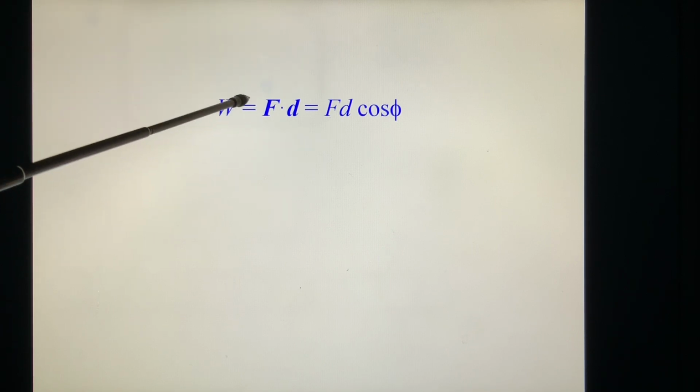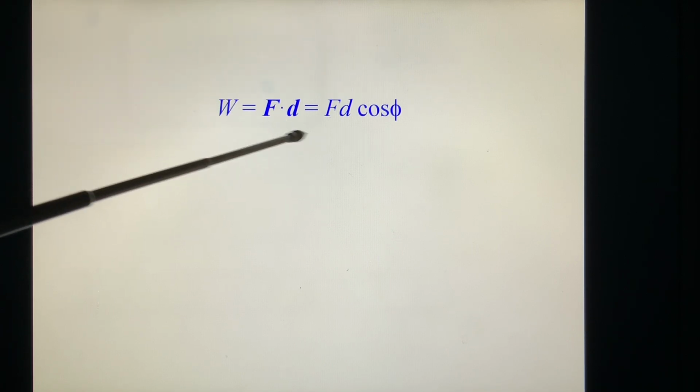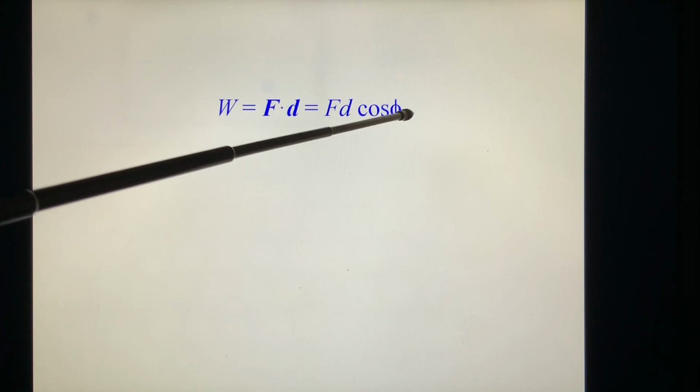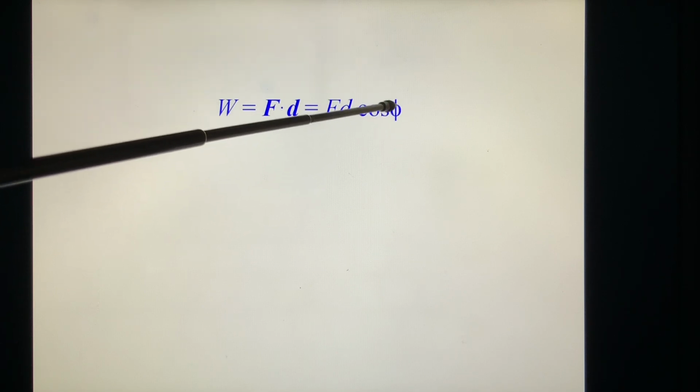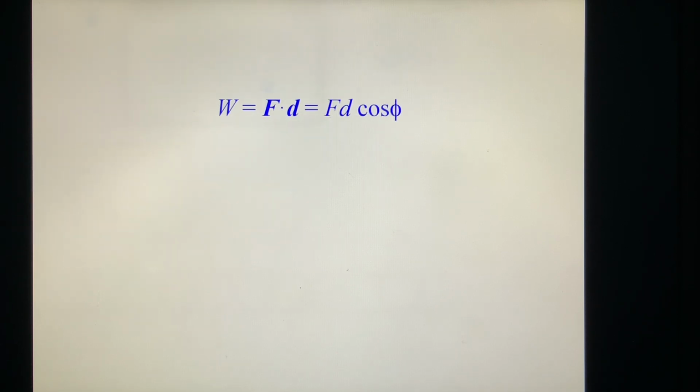If F is in the same direction as d, so phi is smaller than 90 degrees, cosine phi is positive. It's positive work. If F is opposite the direction of d, they are in opposite directions, phi is between 90 and 180 degrees, cosine phi is a negative number, so the work done is negative.